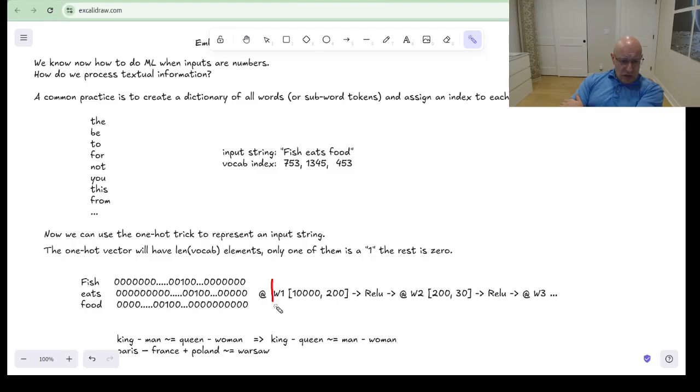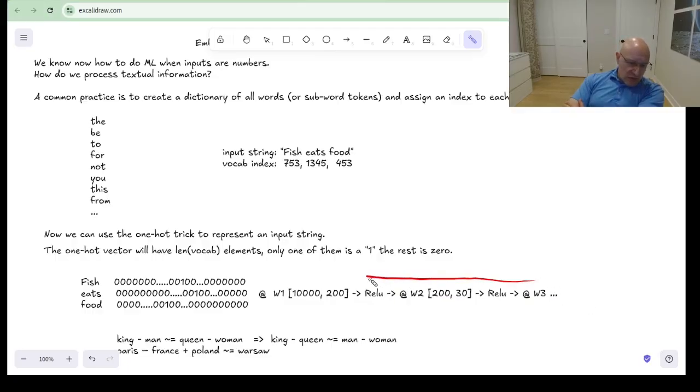We take this matrix and say, I want you to return rows 753, 1345, and 453, and it will simply perform lookups. A lookup operation is something computers are very good at. It's a very cheap operation. And then you feed it to your other layers, whatnot. The architecture of the model can be whatever you want it to be.